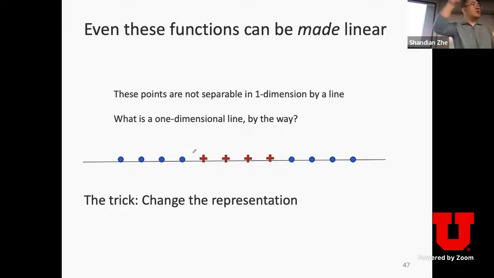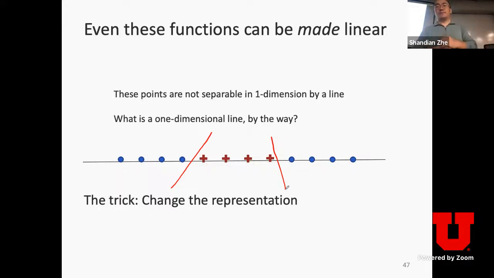Each point can be represented by a single feature, that is the position. Obviously, you cannot draw any line to separate out the positive examples and negative examples. That means it is not linearly separable by our training examples. And then the question is, how can we make them linearly separable, so that our linear classifier is able to handle them?